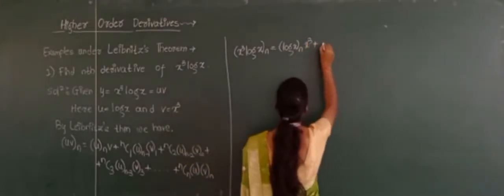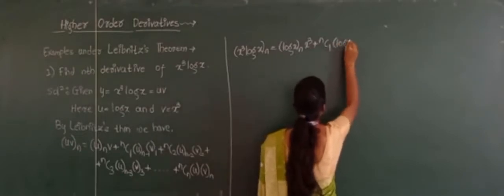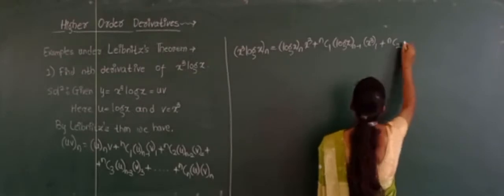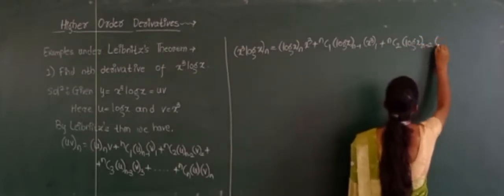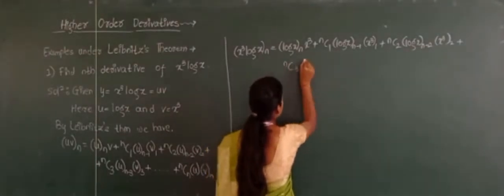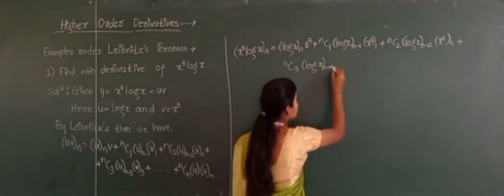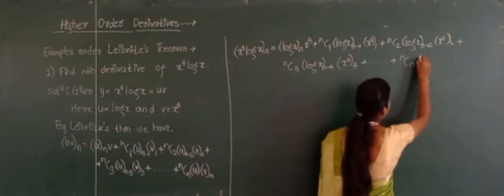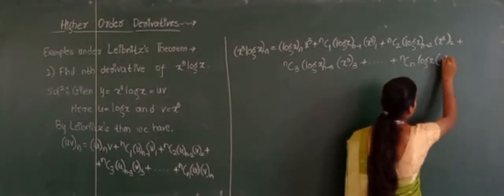Now substitute the values. The nth derivative of x cube log x is equal to the nth derivative of log x and x cube as it is, because v we have taken as x cube, plus nC1 into the (n minus 1)th derivative of log x and first derivative of x cube, plus nC2 into the (n minus 2)th derivative of log x and second derivative of x cube, plus nC3 into the (n minus 3)th derivative of log x and third derivative of x cube, and so on, plus the last term nCn, log x as it is, into the nth derivative of x cube.